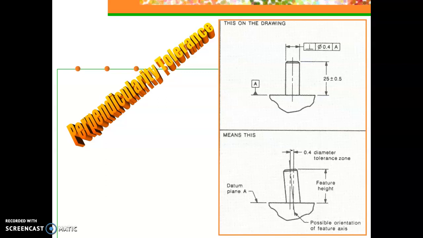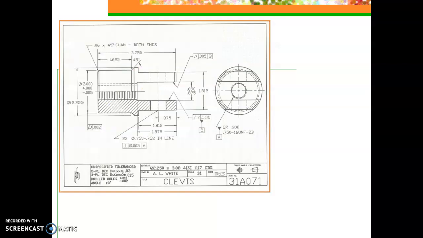So it's like a cylinder in 3 dimensions here, and it has a diameter of 0.4. And as long as that axis going through the center of that cylinder remains within that tolerance zone, it's acceptable. So let's look at an example here that puts some of these orientation geometric tolerances into play.